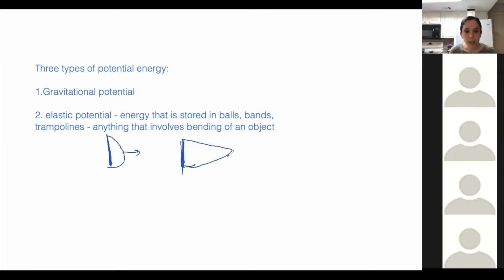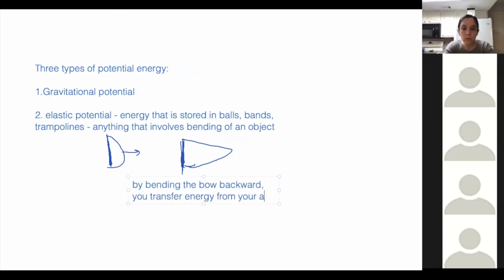At this point, it has more energy that it can give to the arrow to shoot it forward. That energy is stored in the bow until you release it, and is converted from potential energy to kinetic energy as the arrow goes forward.